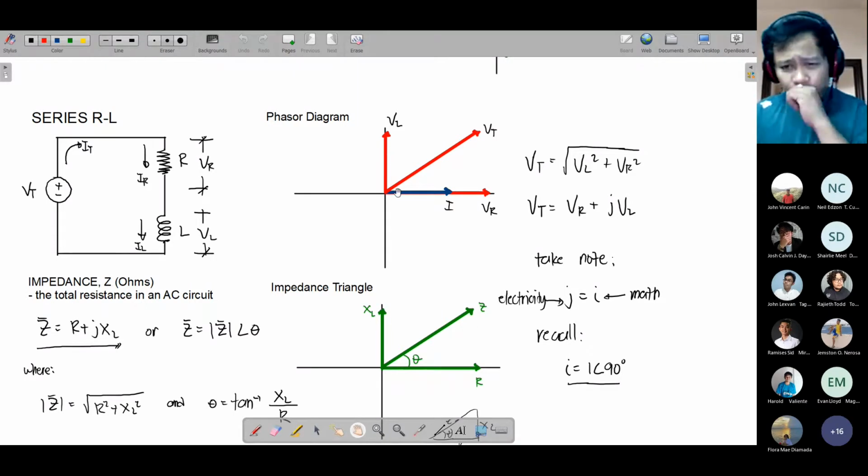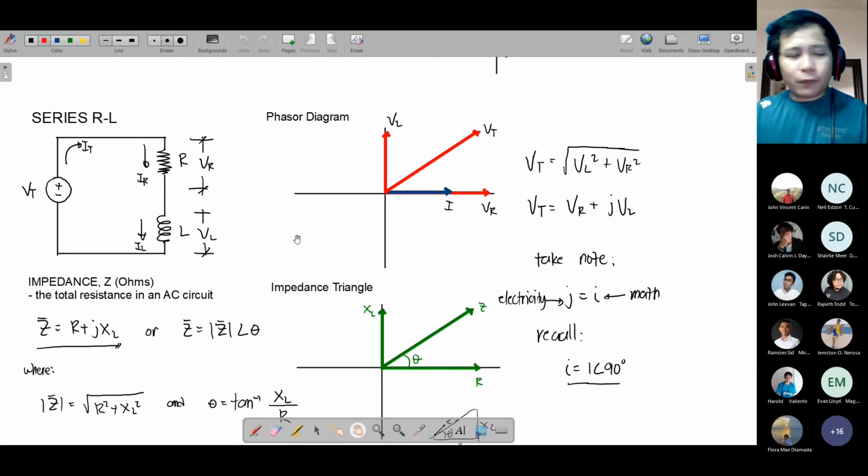Okay? Now, since we have the voltage of R here and the voltage of the inductor here, therefore the equivalent resistance, or the resistance of your inductor, is here. It will be on the direction of 90 degrees. But take note, you can't just directly add the resistance and the XL that is at 90 degrees.